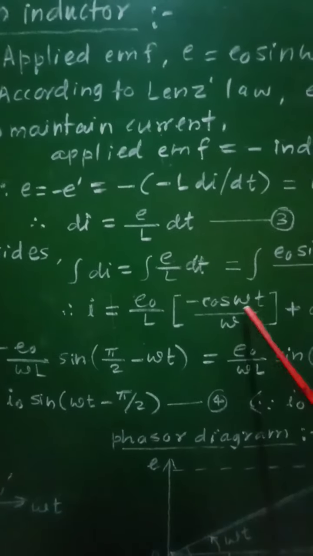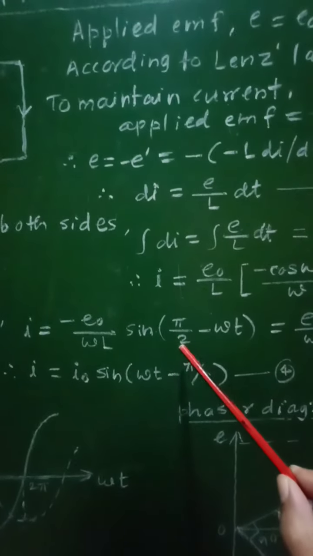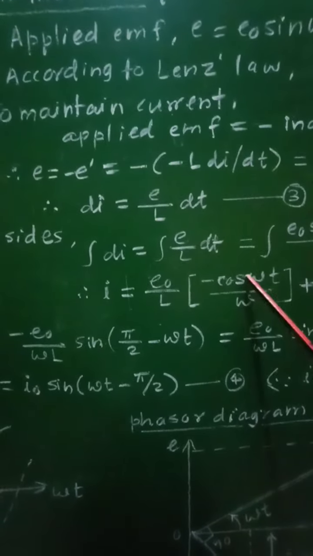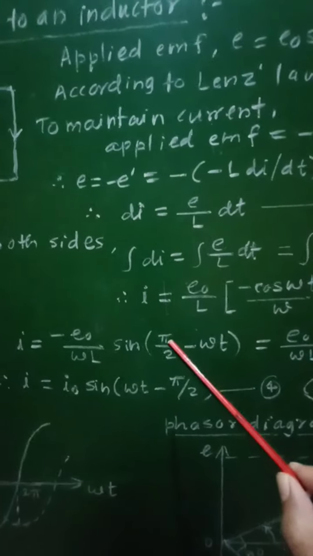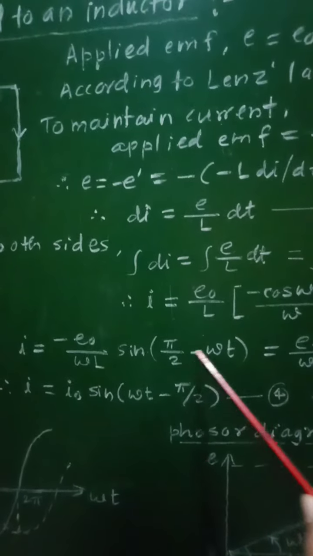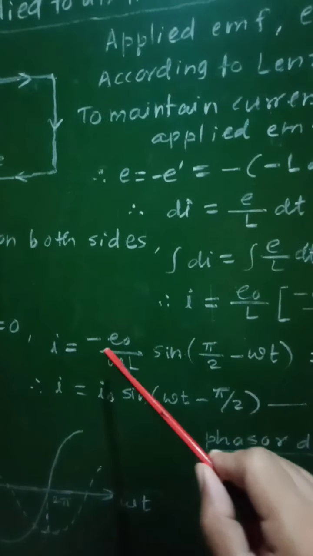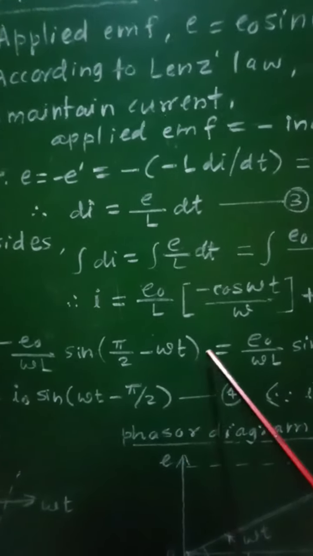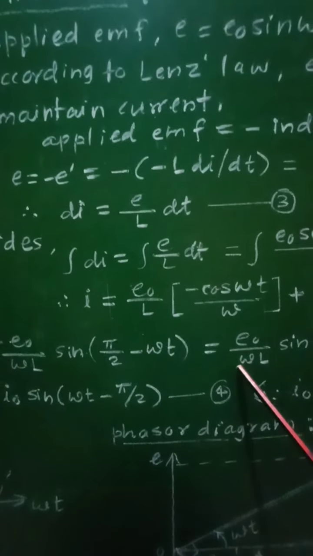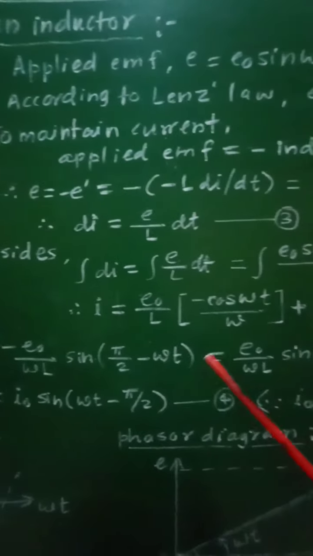Now this cos omega t term will be written in the form of sine, by the formula cos theta equals sine of 90 minus theta, that is sine of pi by 2 minus omega t. Rearranging the terms, since it is negative, we make it positive by interchanging the terms.